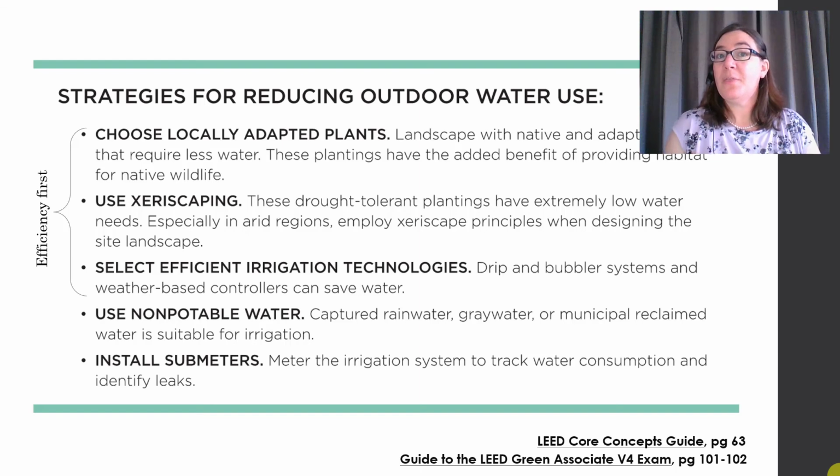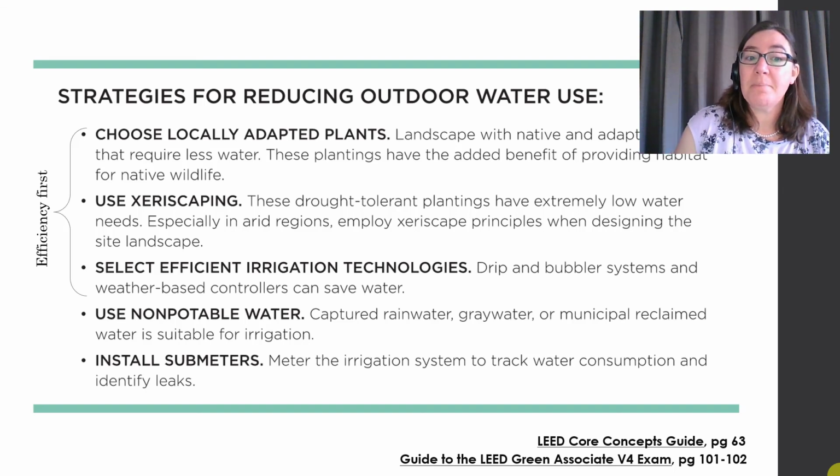Pair that with an efficient irrigation technology. Instead of the sprinklers that you saw in the last slide, there are some far more efficient irrigation technologies. Next, we're going to reuse some non-potable water.